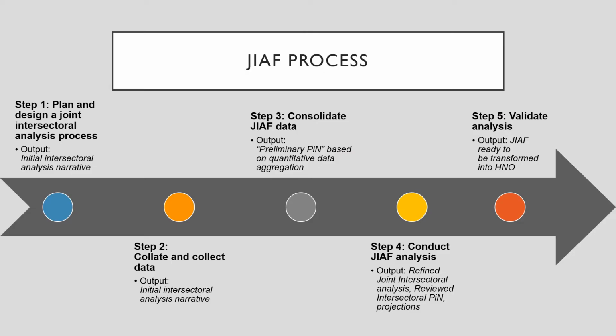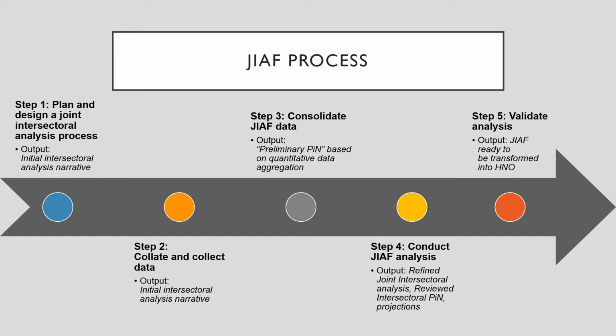So, let's now go back to the JIAF. Here we see the 5 key steps of the JIAF process. Step 1, plan and design a joint intersectoral analysis process. Step 2, collate and collect data. Step 3, consolidate the JIAF data. Step 4, conduct the JIAF analysis. And then the final step 5, validate the analysis.